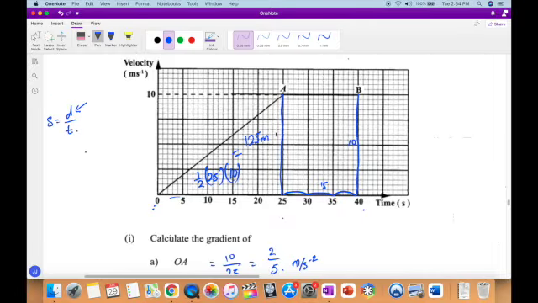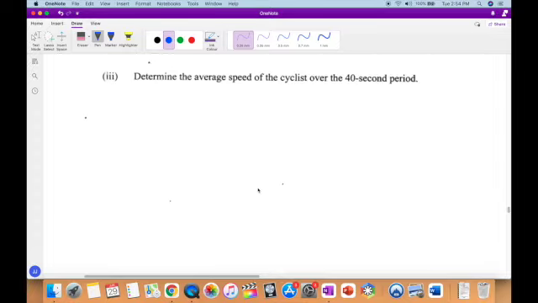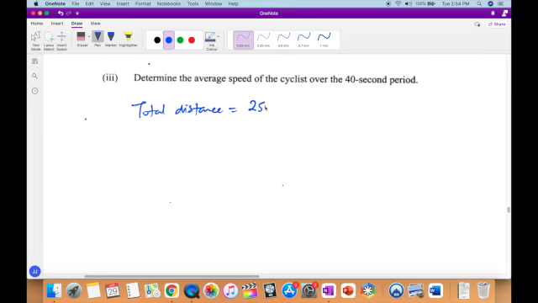And then over here, 15 times 10 is 150 meters. And so the distance that he traveled would have been 125 plus 150 is 275, right? So the total distance traveled is 275 meters.